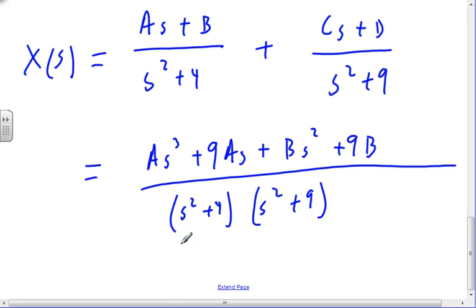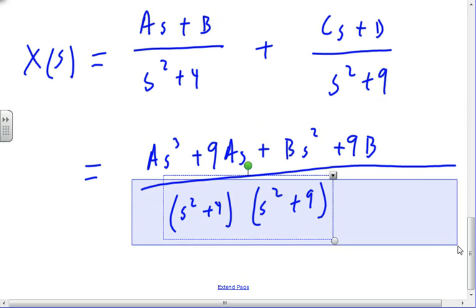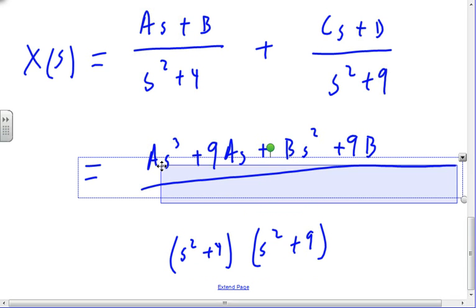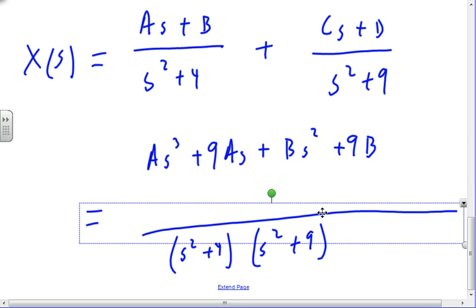I ran out of room. So we'll move that guy down.